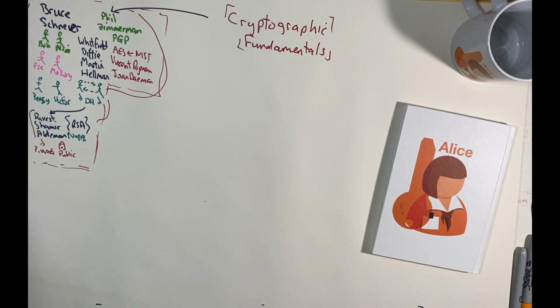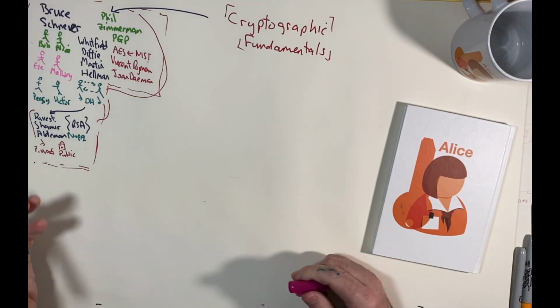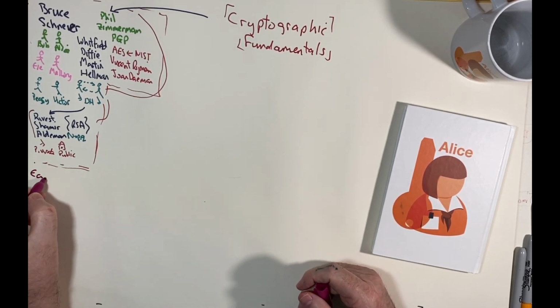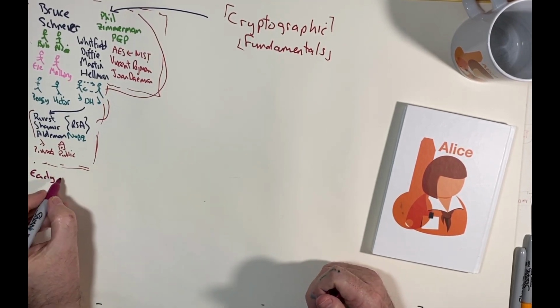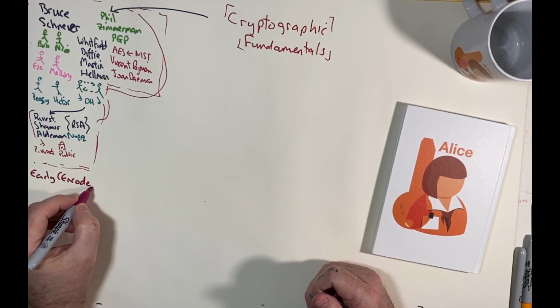So now let's move on and look at some of the basic ciphers that we can have. Okay, so there's early examples of what we would see as encoding methods.